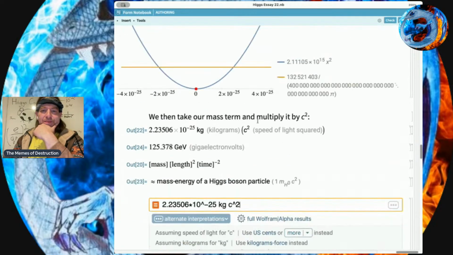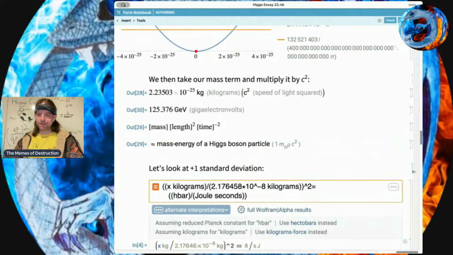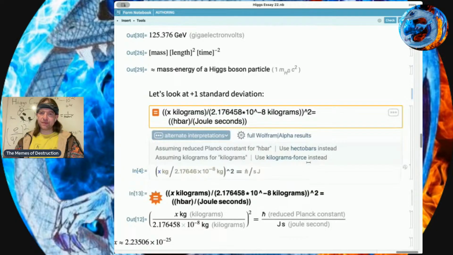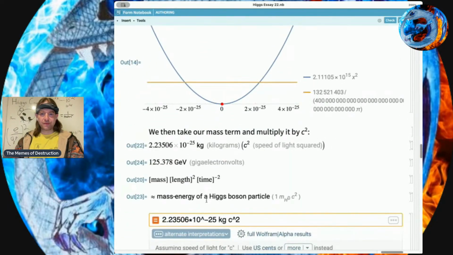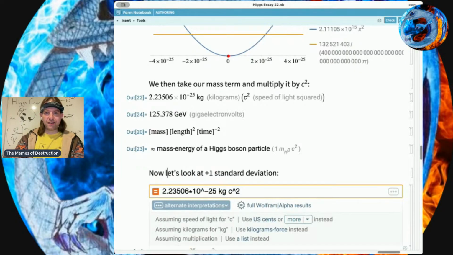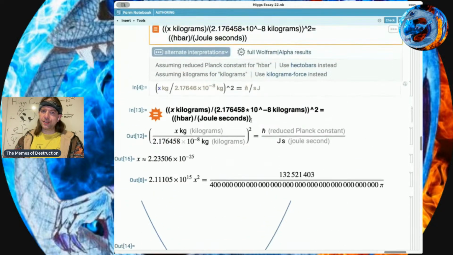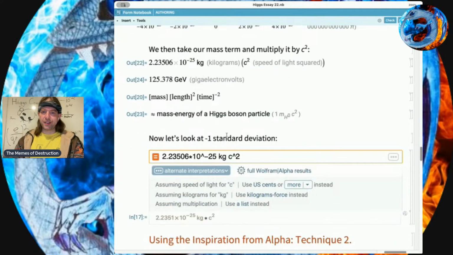Now, minus one standard deviation. So we're going to take what we did before. X, same thing. X kilograms.